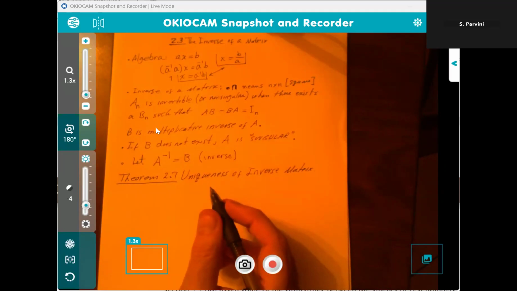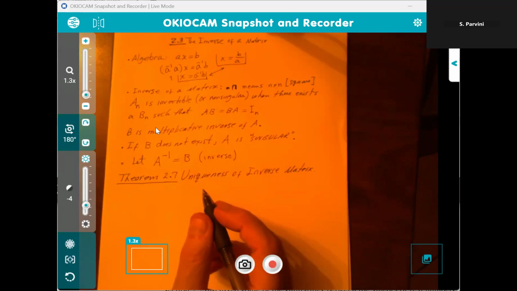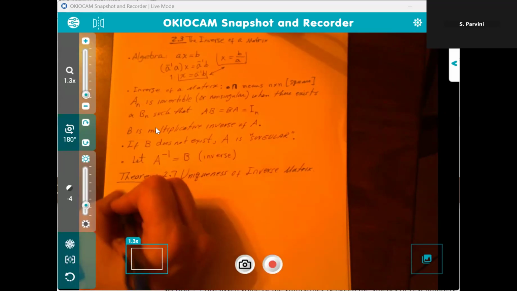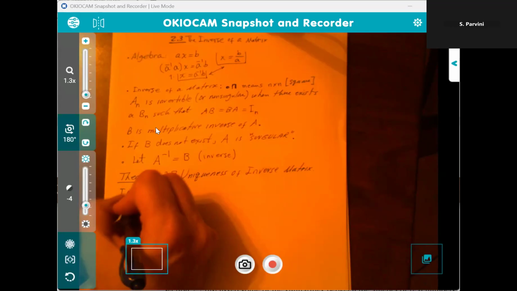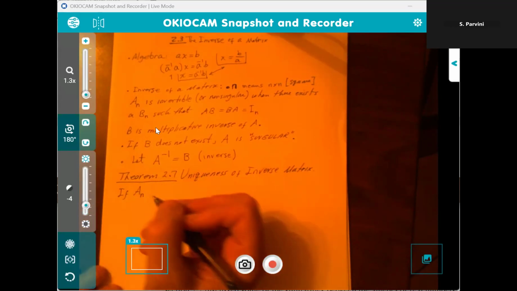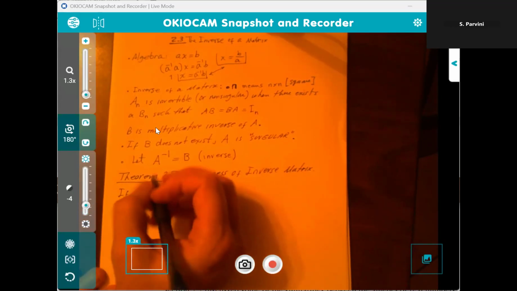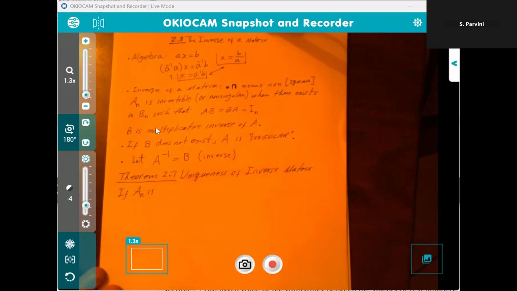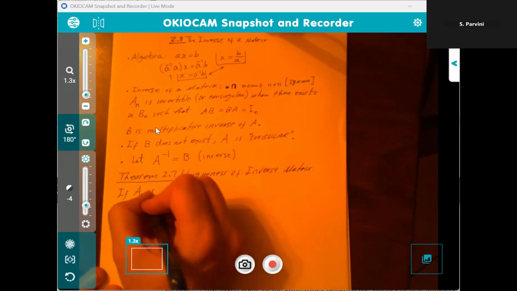Now remember, unique means there's only one of. So for instance, here's how this theorem is going to go. If we have a matrix A of order n, remember these are square matrices. Everything in this section is a square matrix.